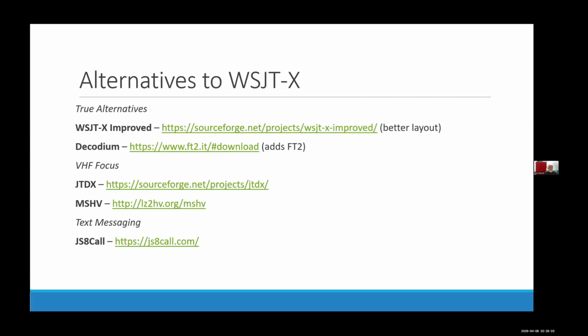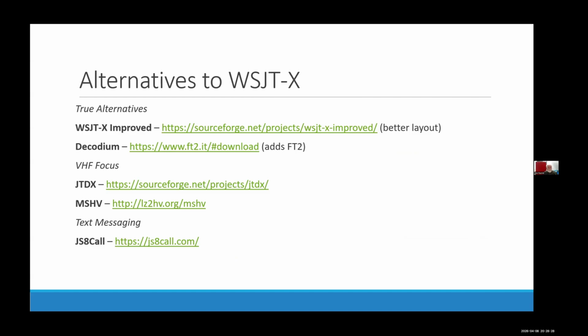There's also other software that will work FT8 mode. One of them is WSJT-X Improved, which has a taller window where you're reading all the decodes on the band. There's Decodium, which is the Italian guy who implemented FT2.